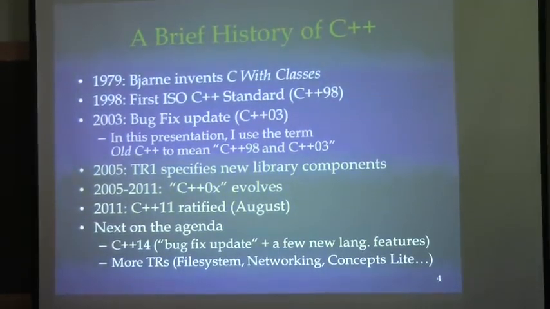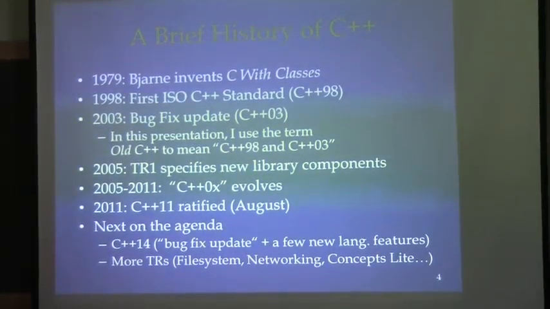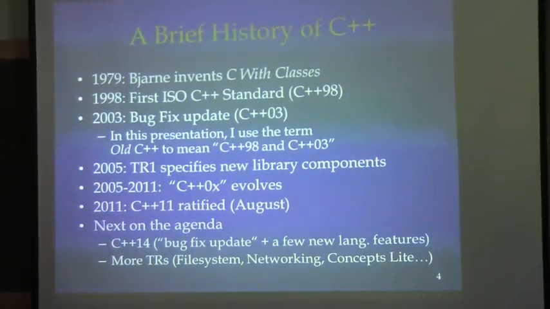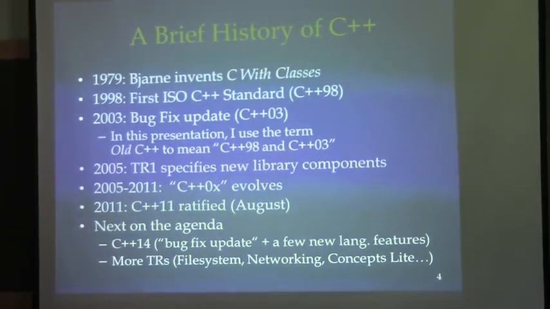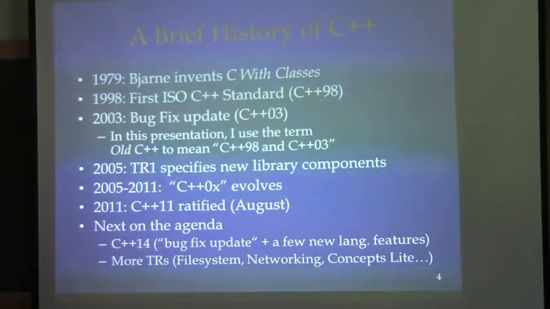In 2005, the Library Committee released their Technical Report 1, which defined the new library components that would eventually be standardized in C++0x, which ended up being C++11. Fortunately, a lot of those library components could be implemented in terms of the existing old C++ language, and they were.